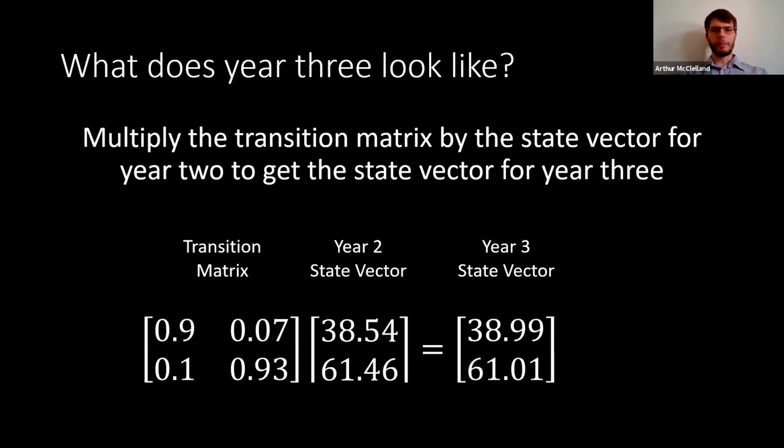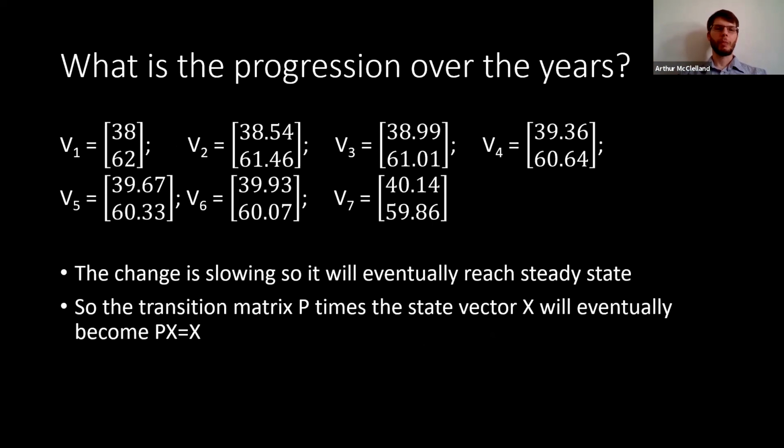And we can do this on and on, multiplying our transition matrix times the state vector to get our next state vector. And I went ahead and multiplied it out through year 7 for you. So our state vector in year 7 is 40.14 and 59.86. You can see that the change is slowing, and so eventually this system should reach a steady state.